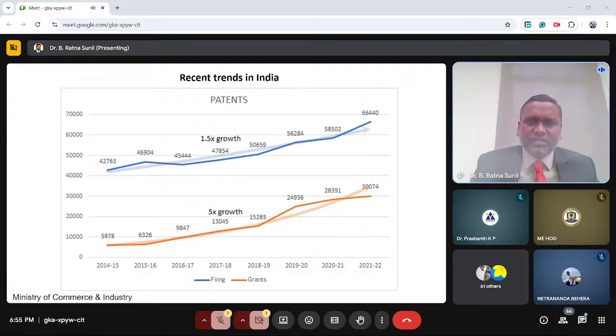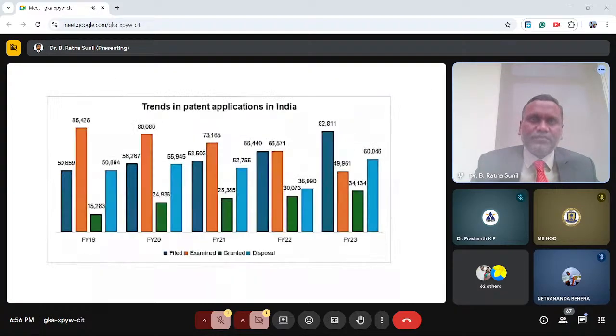If you see the trends in previous years, up to 2022, you can see considerable growth in patent filing in the Indian scientific community. You can see the patent filing and the number of patents granted against the filed applications. The trend in patent applications keeps increasing, with how many patents were filed, examined, and granted.